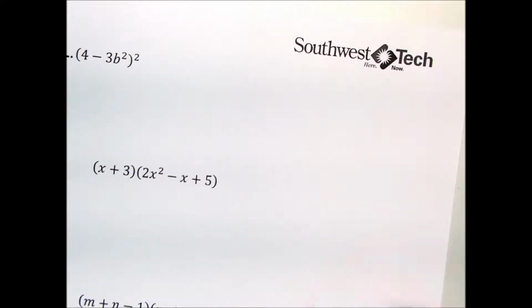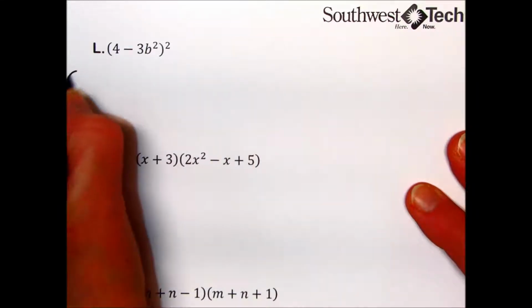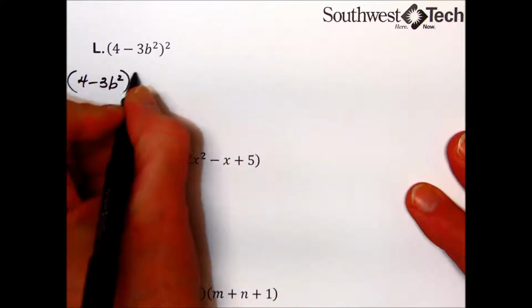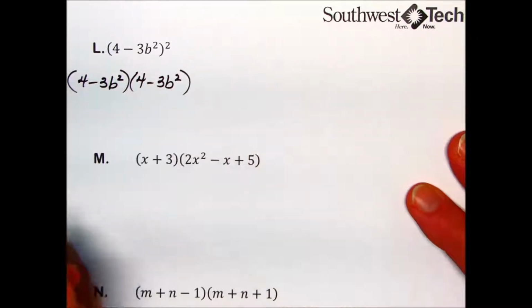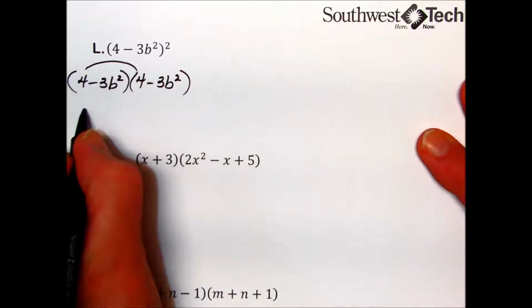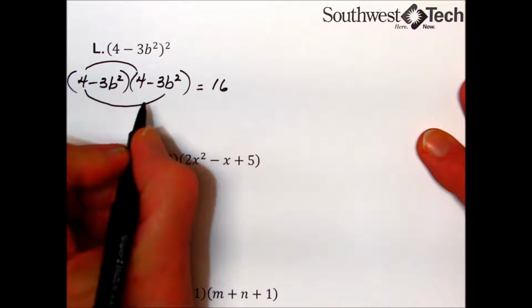Doing some further multiplication, we have again this shorthand. 2 routes to go. Either write it out so you don't lose any aspect of multiplying a binomial times a binomial, and that would result in a 4 times 4 is 16.